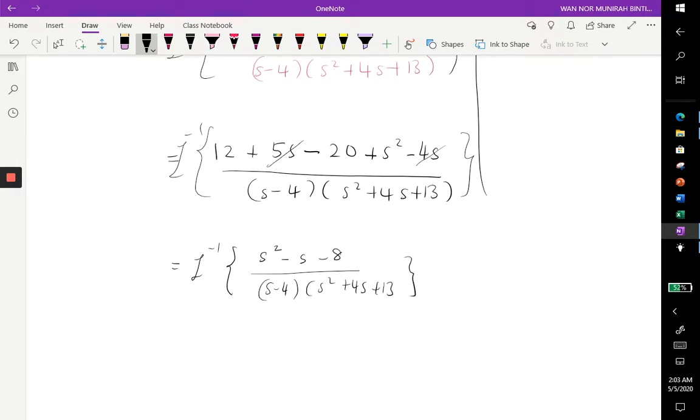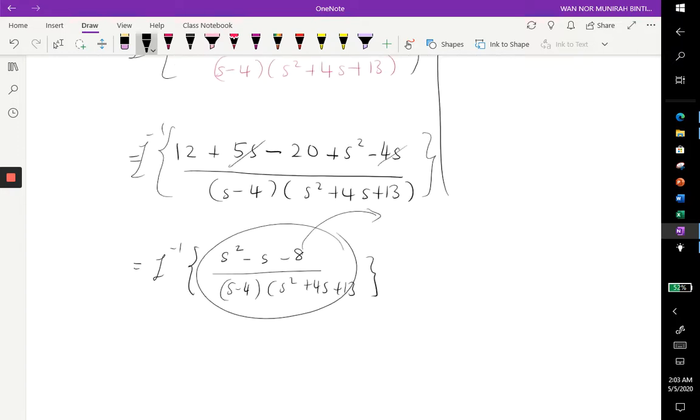So now I know that I need to apply partial fraction. I solve this one separately.